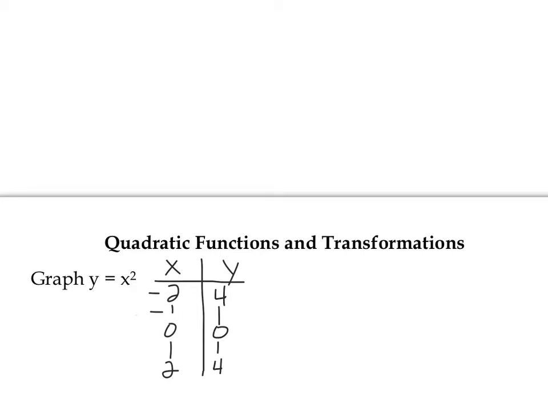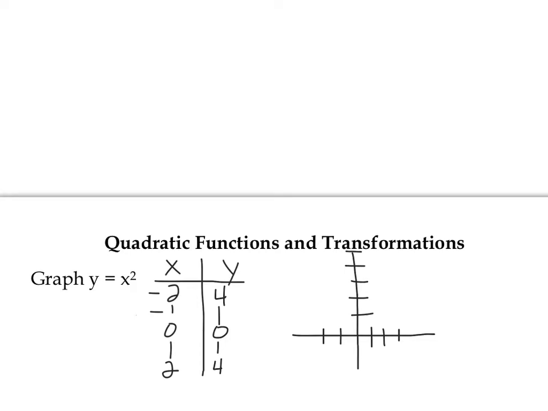So if we went to draw the graph for this particular function, we could have x values going out to -1 and -2, and then 1 and 2 on the positive side. And our y values would go up to 4.